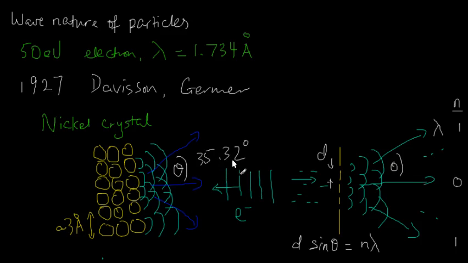And this 35.32 degrees is exactly what will be predicted by this equation when n here is equal to 1. And when you put in the lambda from there into this equation, and you put in the 3 angstrom into the d, you can calculate theta.